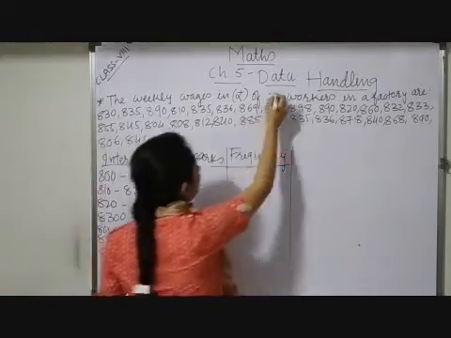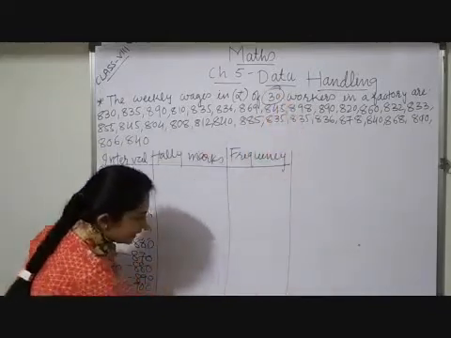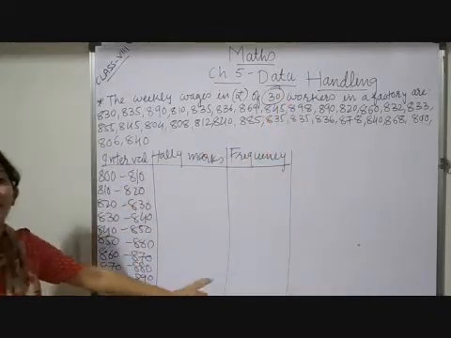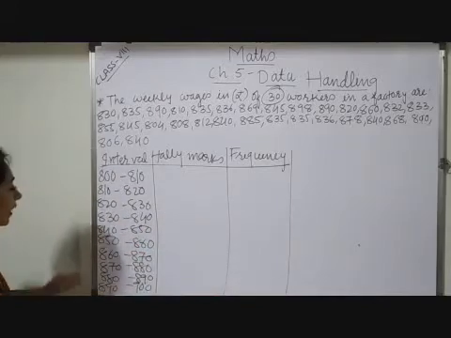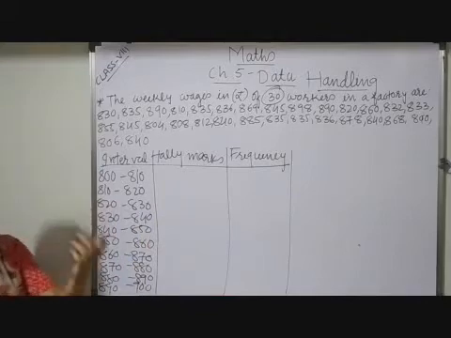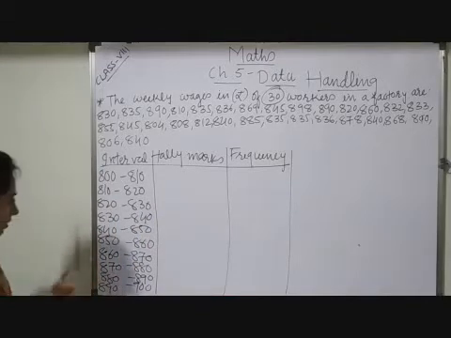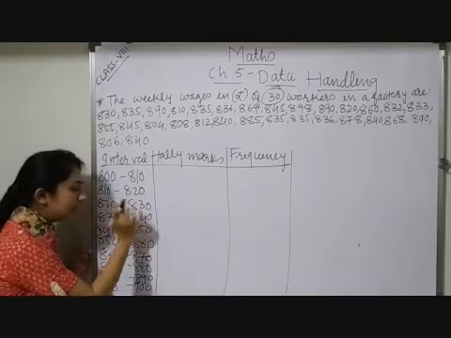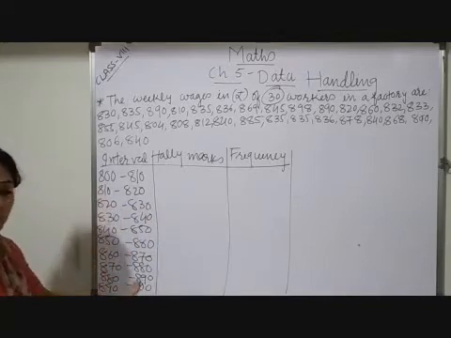Here 30 is written, so the answer we get at the end, the frequency, should tally to 30 only. If instead of marking one tally you mark two tallies, that is again wrong mathematics. So at the upper limit, you are not supposed to locate it.